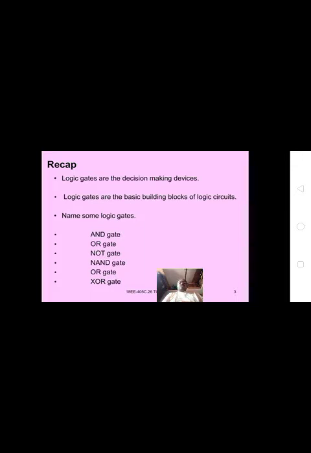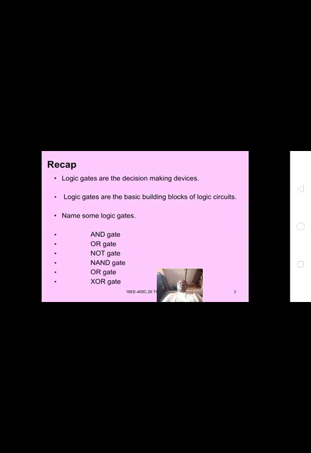Name some logic gates. Here we have different types of logic gates: AND gate, OR gate, NOT gate, NAND gate, NOR gate and XOR gate. These are the basic building blocks for the logic circuits which we are using in our day-to-day life.